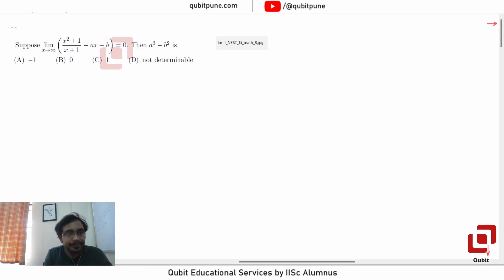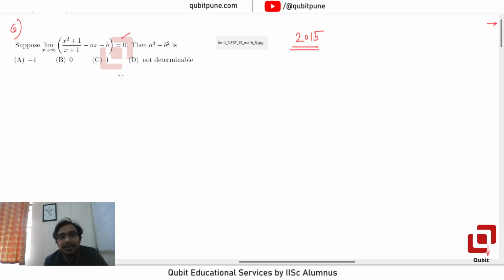Question 6. Well, this is from 2015. Suppose the limit as x tends to infinity of (x squared plus 1) upon (x plus 1) minus ax minus b is 0.